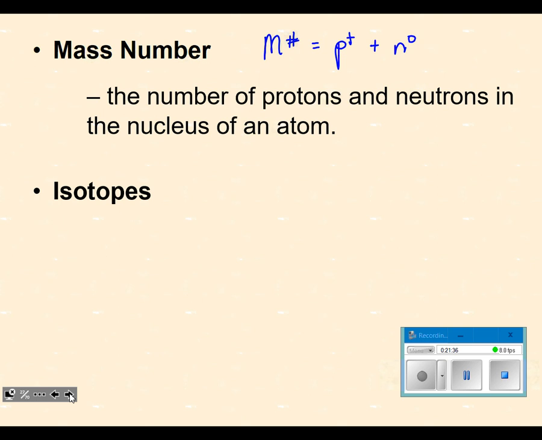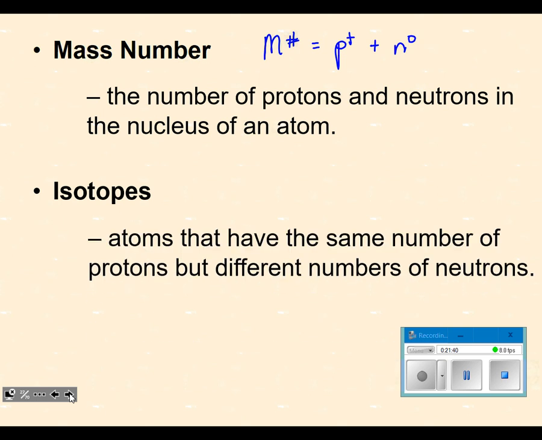Isotope is another one of your squares, and you need to write this down. Isotopes are atoms that have the same number of protons, but a different number of neutrons. The easiest one for most people to remember is carbon: there's a carbon-12 and a carbon-14. Those numbers mean its mass is 12 and its mass is 14.